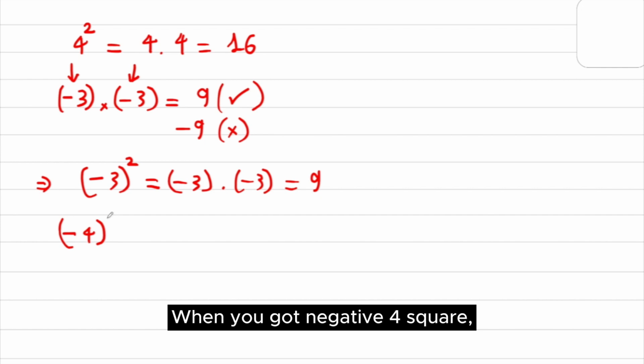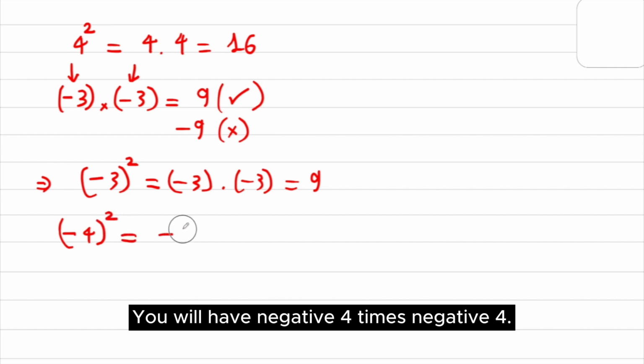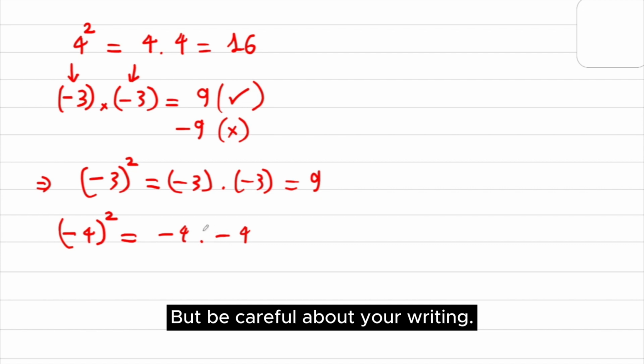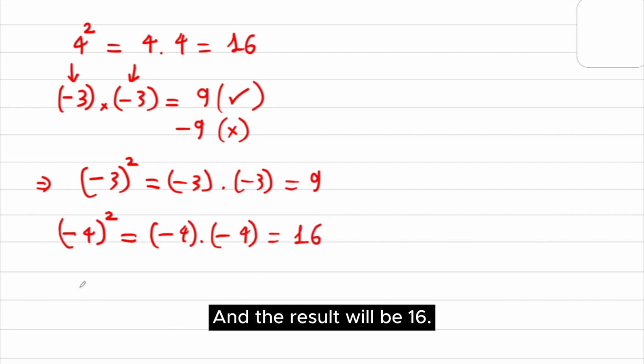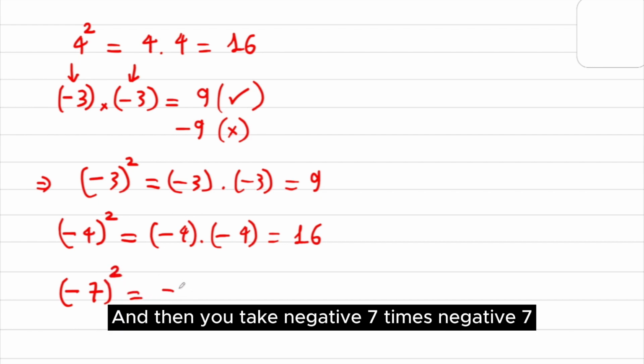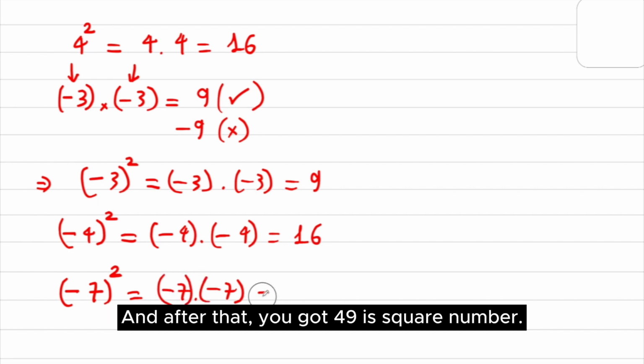When you have negative 4 square, you have negative 4 times negative 4, but be careful about your writing. Put the negative number inside the brackets like this, and the result will be 16. Another example: negative 7 square, you take negative 7 times negative 7, and you get 49, which is the square number.